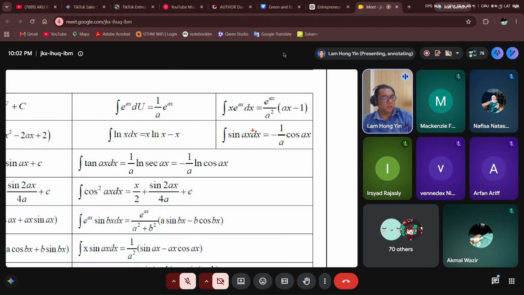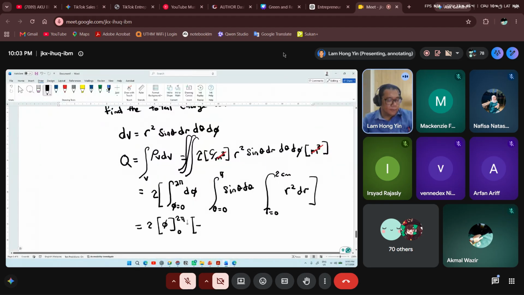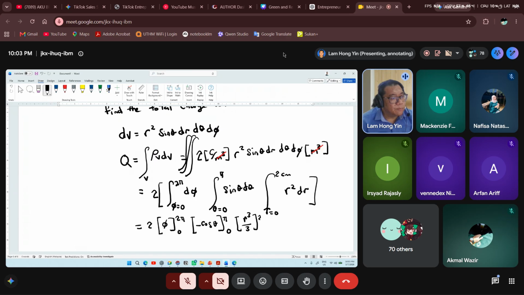So over here, you have negative cos theta, because when you integrate, you replace pi and 0. And the third one, r square, you integrate to get r power of 3, and then you replace 2 centimeter and 0.